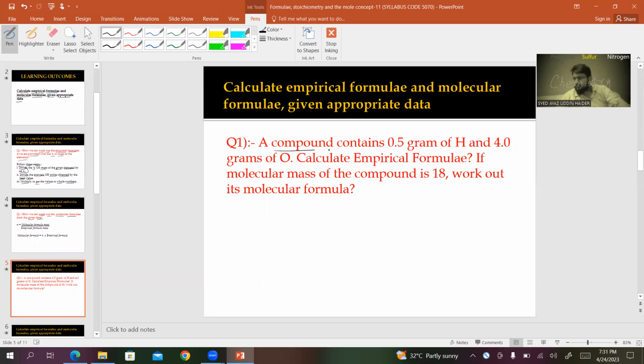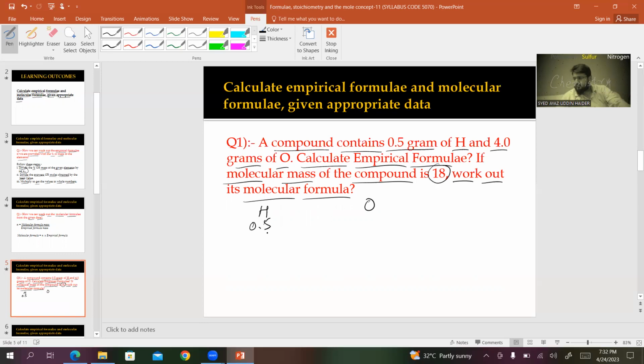Question number 1. A compound contains 0.5 gram of H and 4 grams of O. Calculate the empirical formula. If the molecular mass of the compound is 18, work out its molecular formula. We have H and O. The mass of H is 0.5 gram.